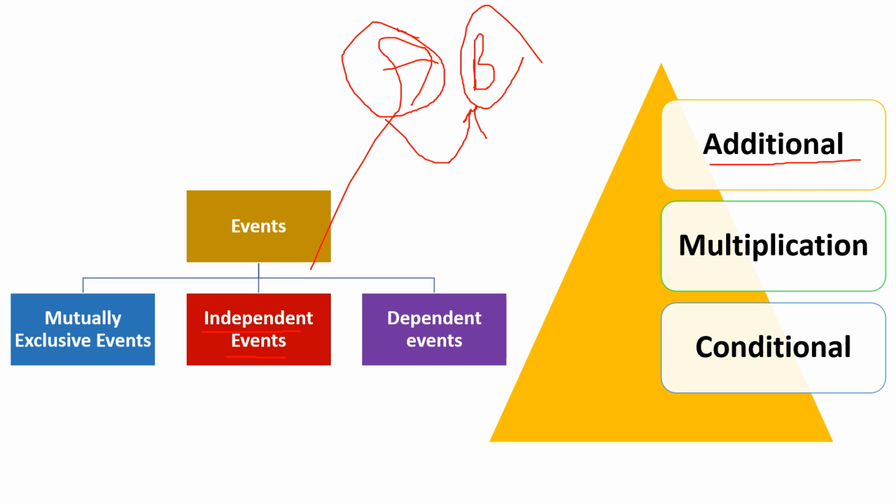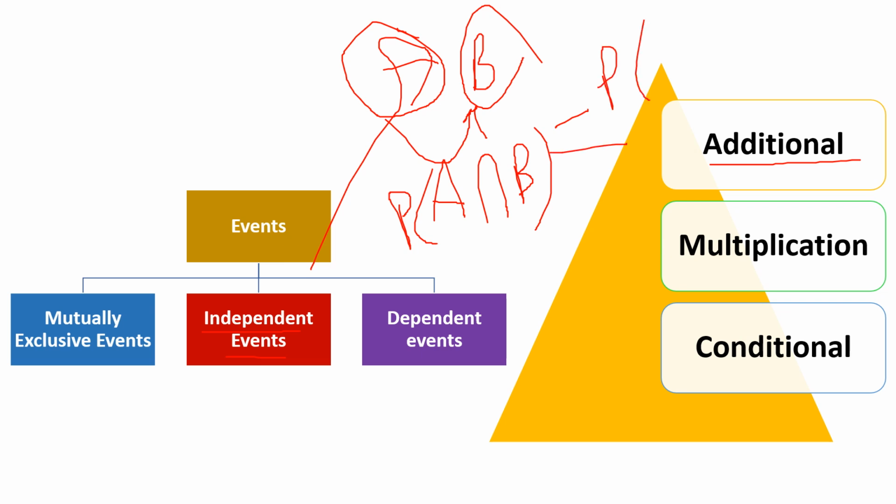For this, in some cases we use the multiplication theorem, and the formula becomes probability of A intersection B equals probability of A into probability of B. This is the multiplication theorem.